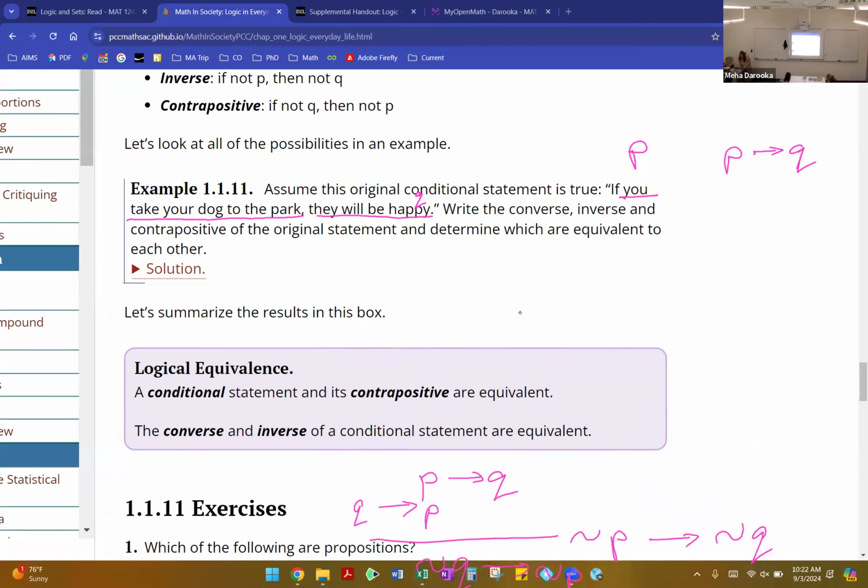Okay, so we'll do the converse, which in symbols, remember, is Q implies P. So how would you write that out in words for the converse, where we switch the order and bring Q to the front and P to the back?